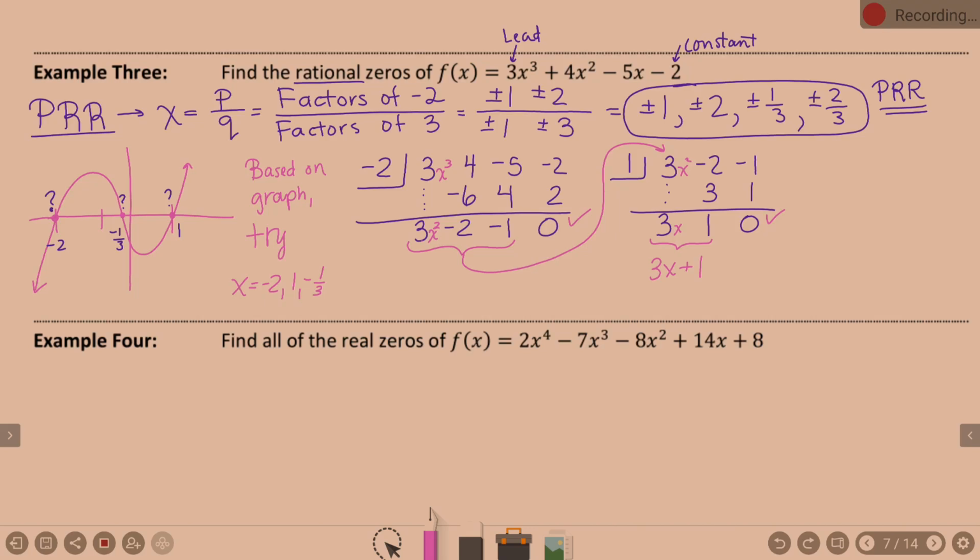Can you just set that equal to 0 and solve? And show what our third factor is? 3x plus 1 equals 0. 3x equals -1. What do we get? -1/3. So, between all those pieces, what did we just confirm? My rational zeros are -2, 1, and -1/3.